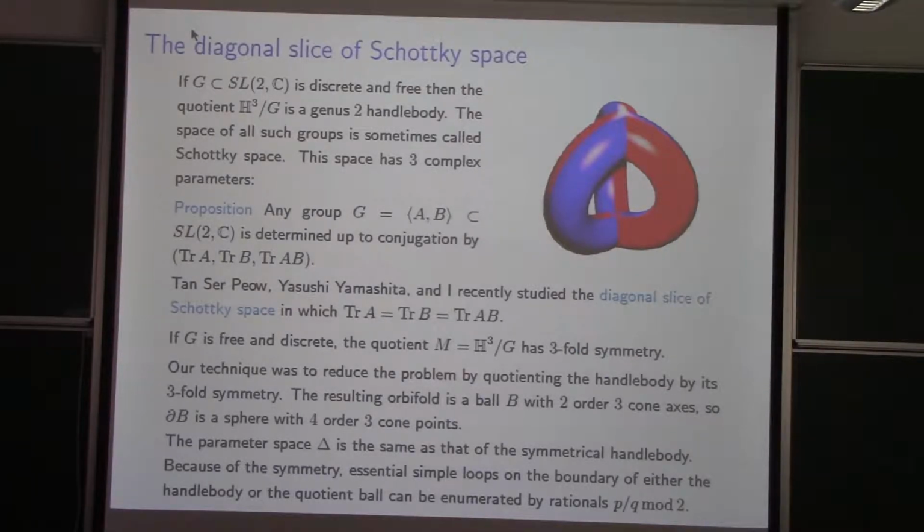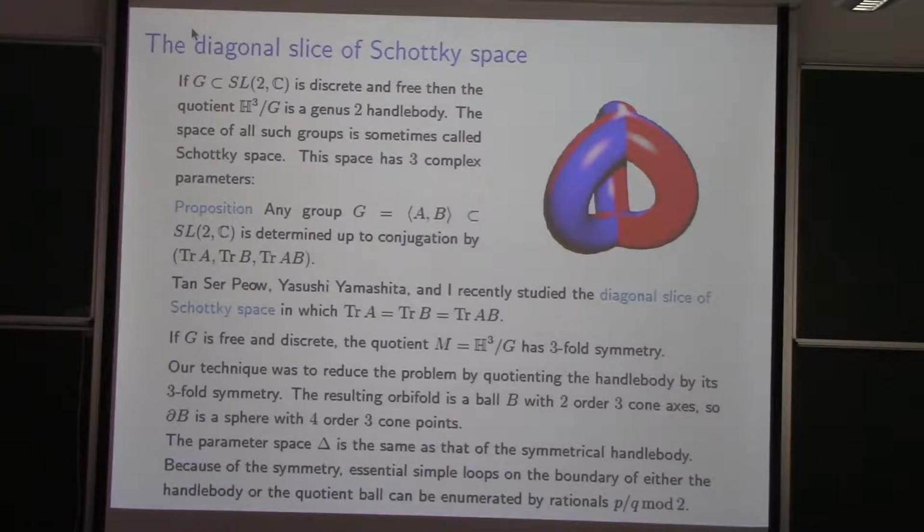Let me first tell you what the pleating ray theory says for this particular picture. You can reduce this problem by quotienting out the symmetry, which makes it a whole lot easier. Instead of trying to list all the curves on the boundary of this, or the symmetrical multi-curves, you quotient out, and then you get an object which, let me draw it here, looks like a ball.